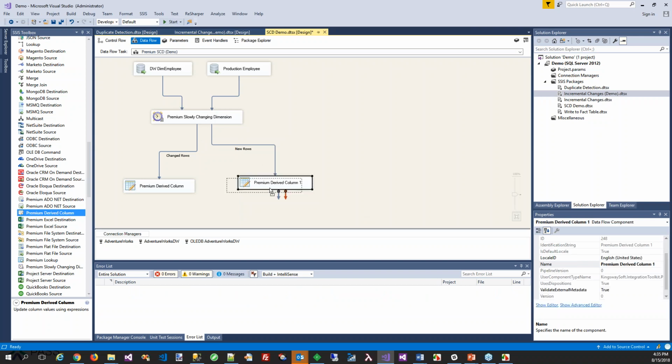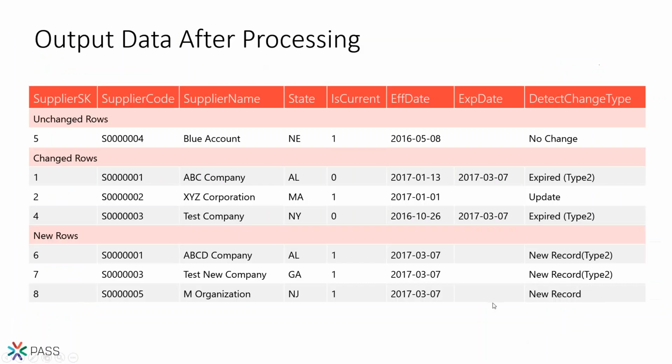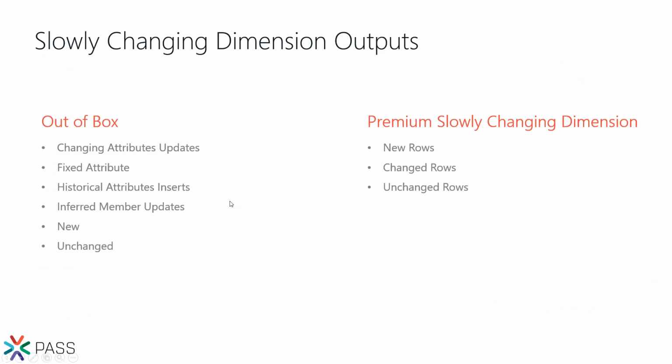Okay, so typically you would most likely only care about the changed rows and the new rows. So that gives you the perspective of how this whole process works. And as we mentioned, out of the box you have to deal with a number of outputs.